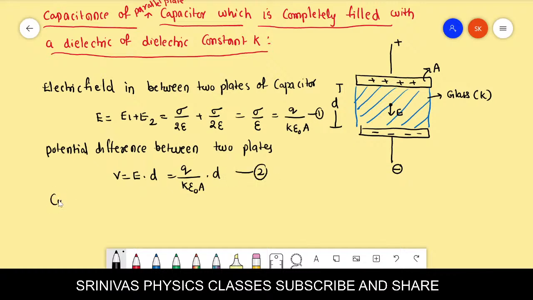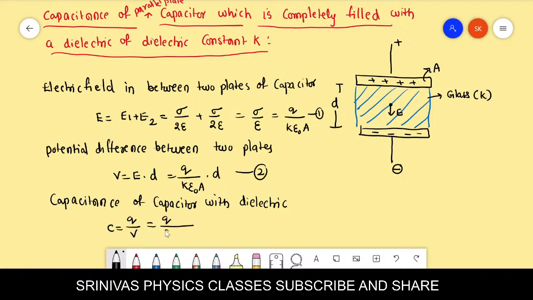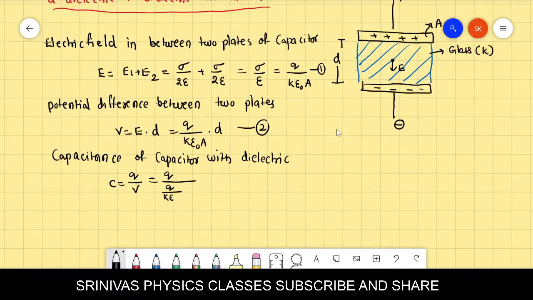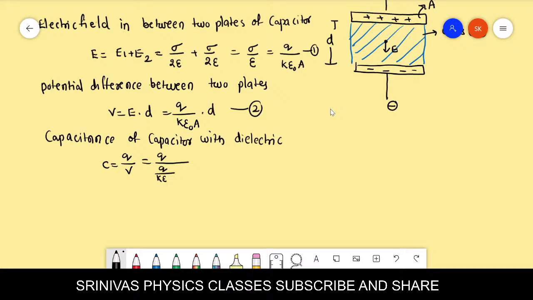Next I want the capacitance of the capacitor with dielectric. Without dielectric we did it previously. The capacitance formula is C is equal to Q by V. Here V is Q by K epsilon naught A into D. Q and Q get cancelled.